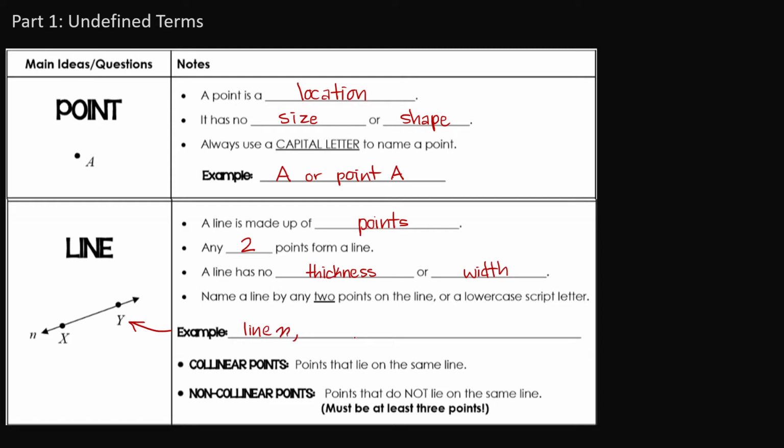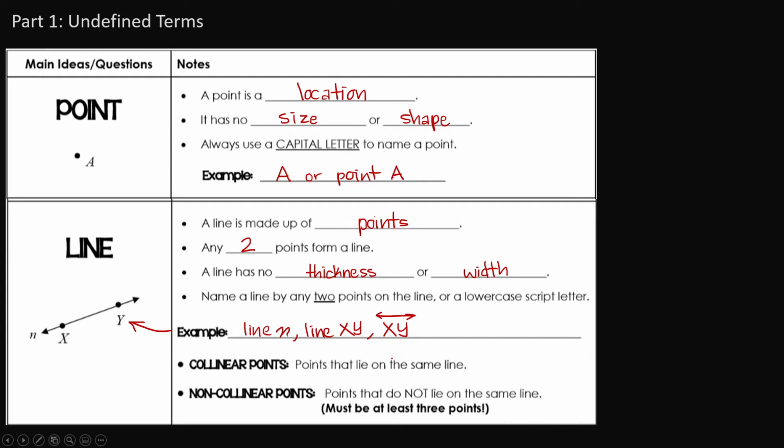So line N. We can also call this line XY. Remember, with capital letters for the points. And we can also call this line XY, but with some notation over the top of these letters. So when we make this notation, we have arrows pointing in opposite directions. This is how we determine that this is a line.